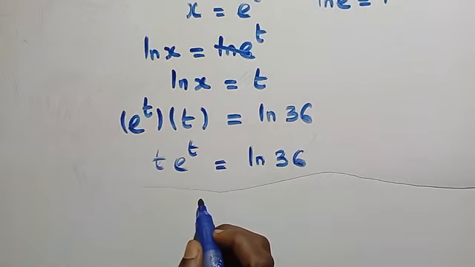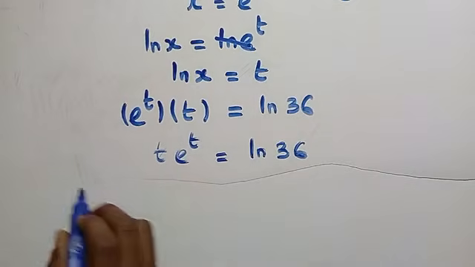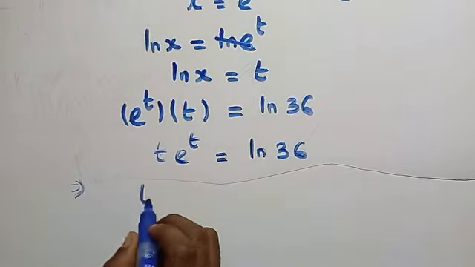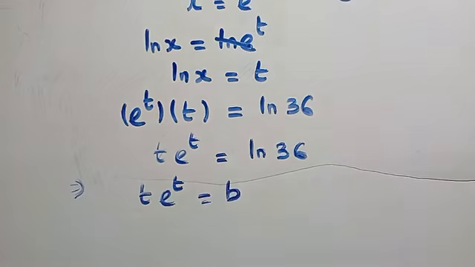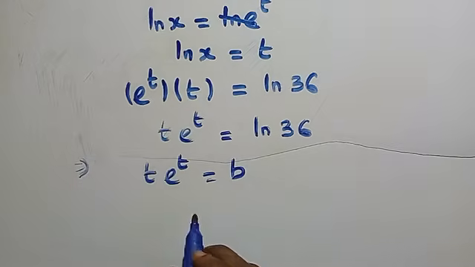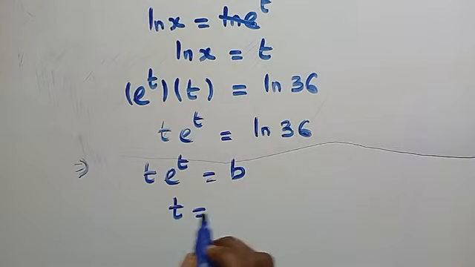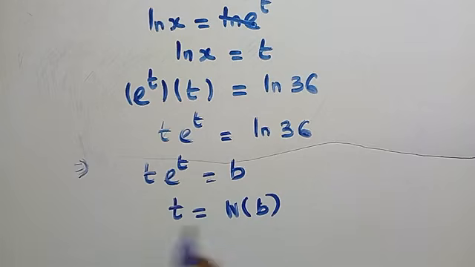And what does it say? Suppose we have t exponential of t equals, let's say, b, which is a constant. So the answer to this will be t equals W of b. That is what we get.